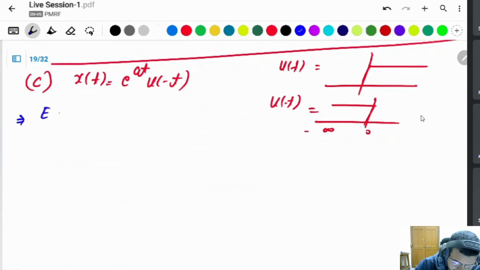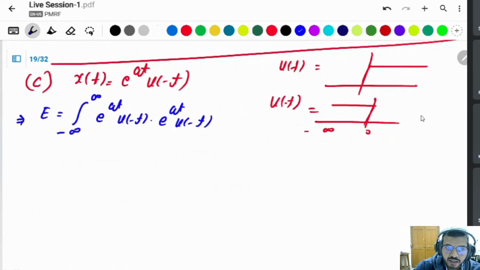First find the energy. Integration from minus infinity to infinity of e power at u of minus t into e power at. This is a real signal, so the conjugate of the real signal is the same as the real signal only. e power at into e power at is e power 2at into u of minus t.